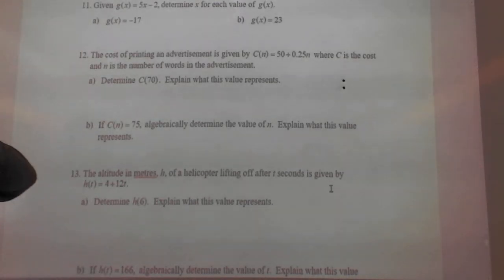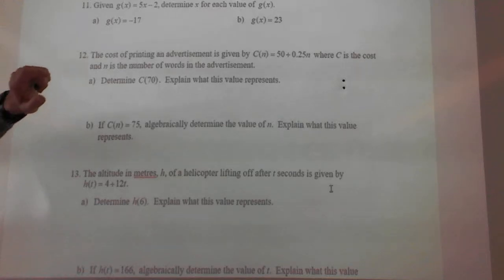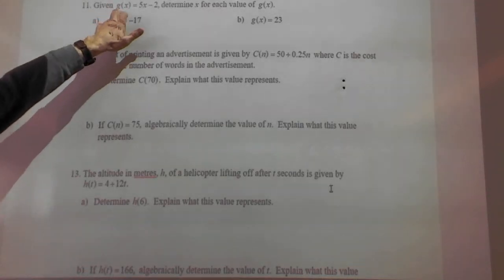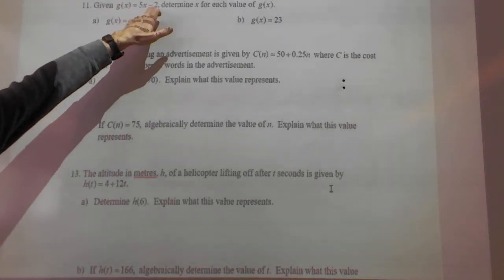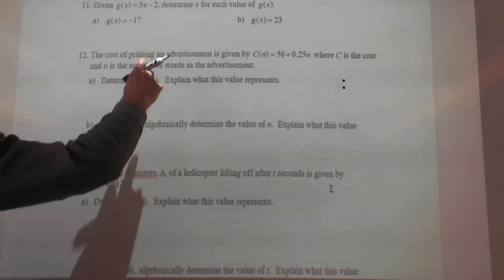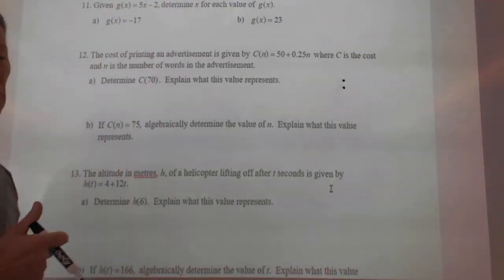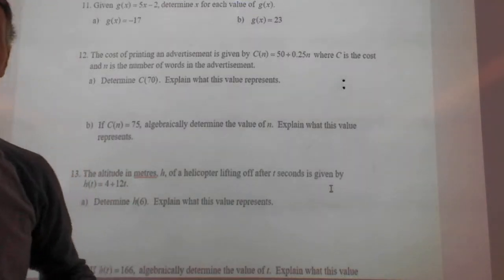Now number 11 is a little bit different. Number 11 says you have this equation, g at x, or y, equals 5x minus 2. Now in this case, they're not asking you to find the y value like the last question.